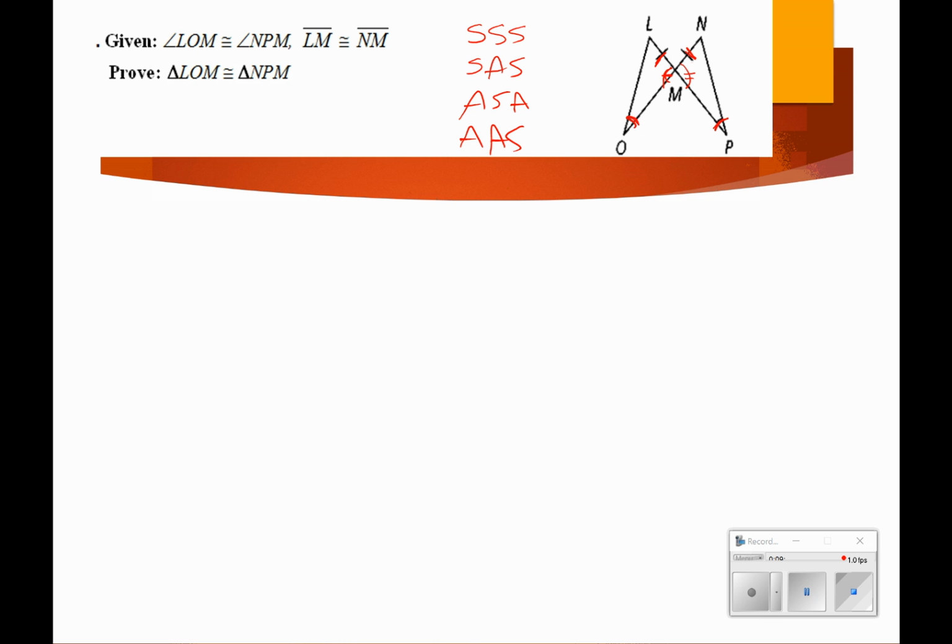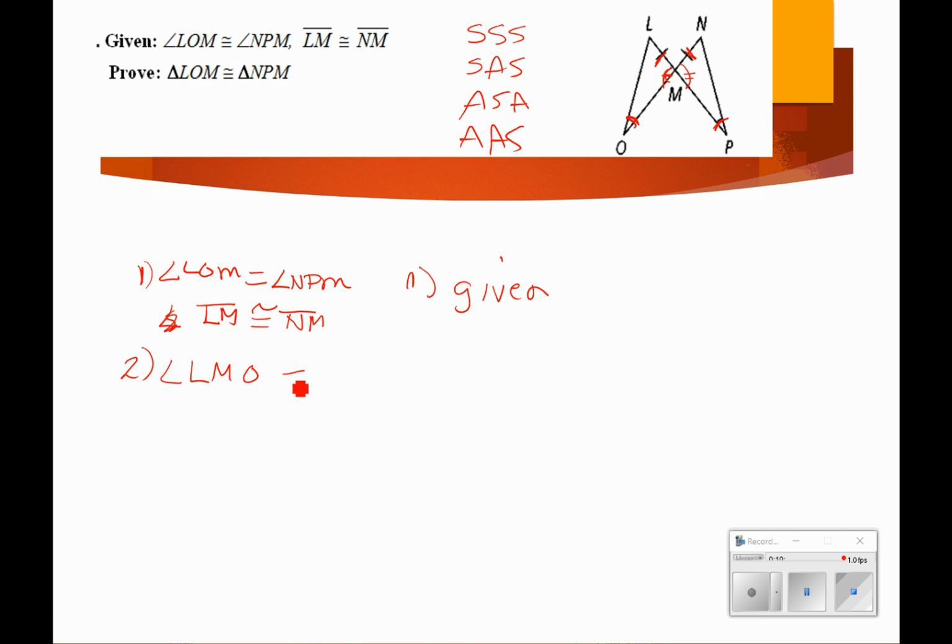So now to write it down, my first statement would be my givens. Angle LOM is congruent to angle NPM. And side LM is congruent to side NM. And those are my givens. My second step is just going to be to say that angle LMO is congruent to angle NMP, and that's because vertical angles are congruent.